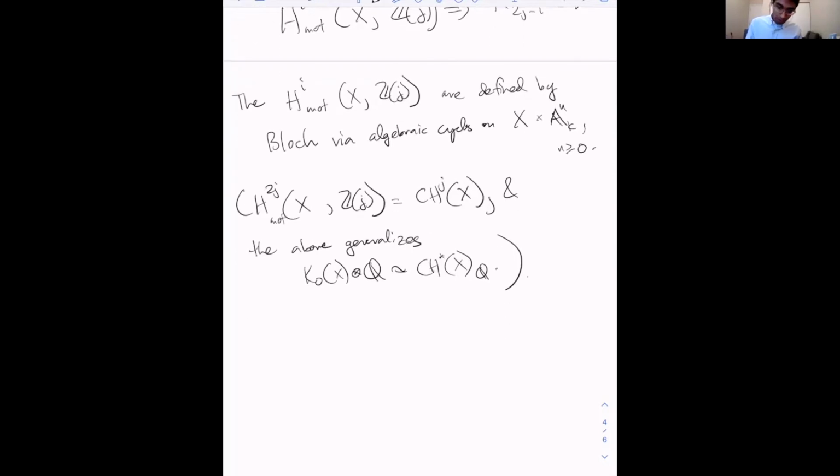So this is a theorem of Voevodsky and Rost, and it's the Beilinson-Lichtenbaum / Bloch-Kato conjectures.